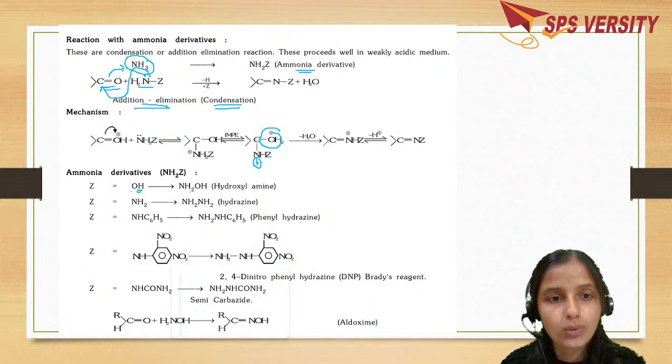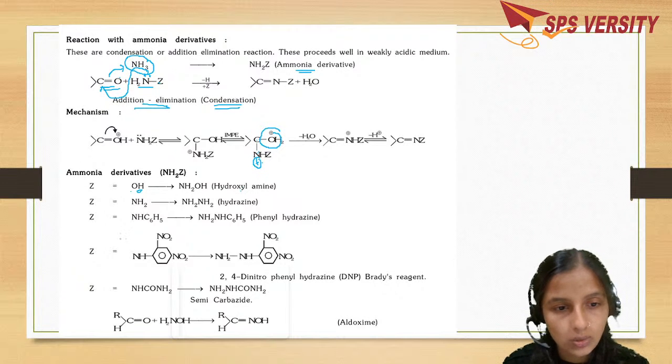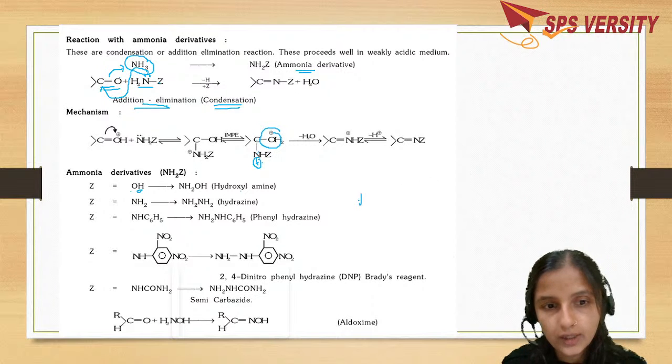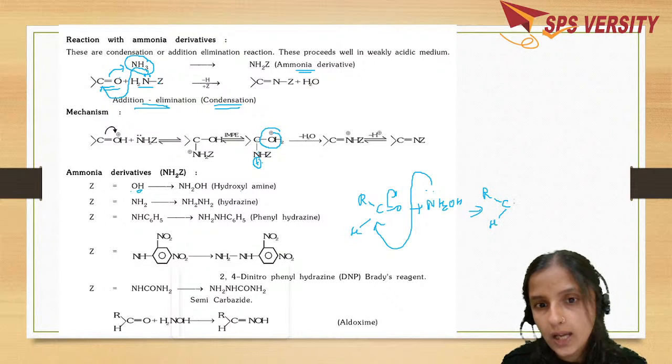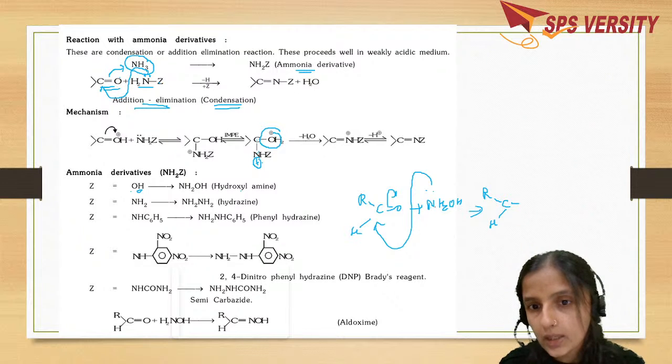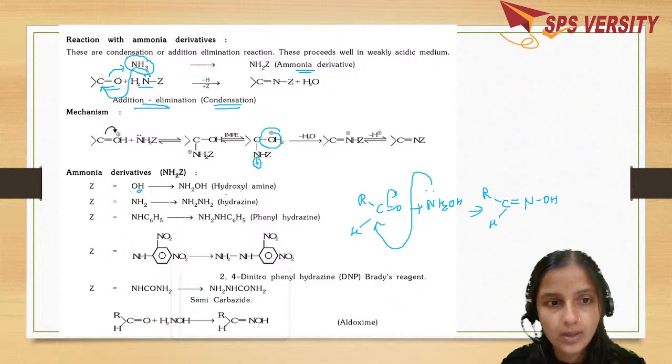So Z is equal to OH, you get hydroxylamine. So now what are you expecting? Here I'm going to write RCHO, and you treat it with hydroxylamine. This will go here, this will go here, resulting in the formation of RCH and then a double bond N and OH. This is aldoxime.